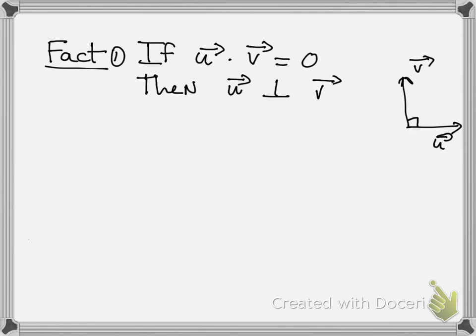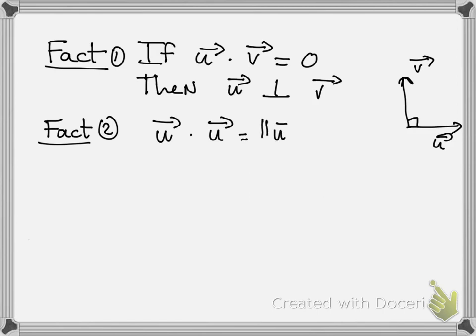Another interesting fact is that if you do U dot U, okay, so what's U dot U? Well, using the formula, we have the length of U times the length of U times the cosine of the angle between U and U, right?